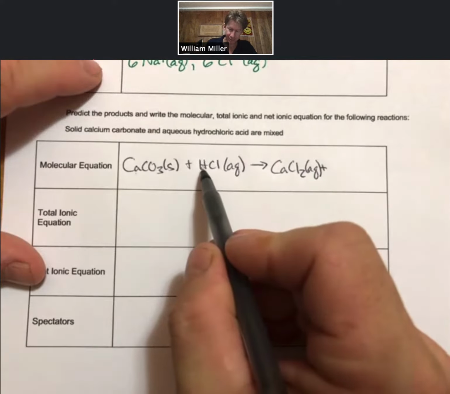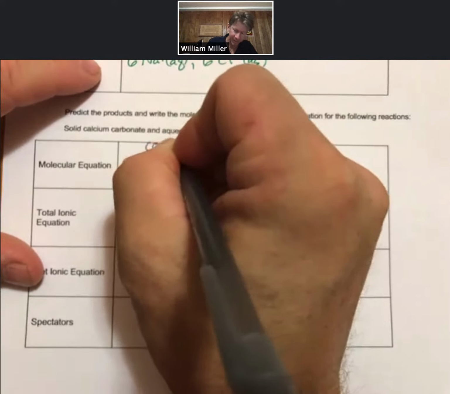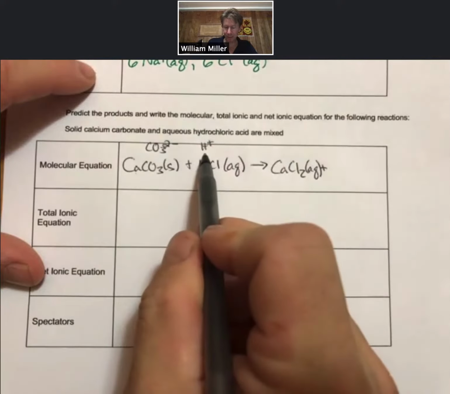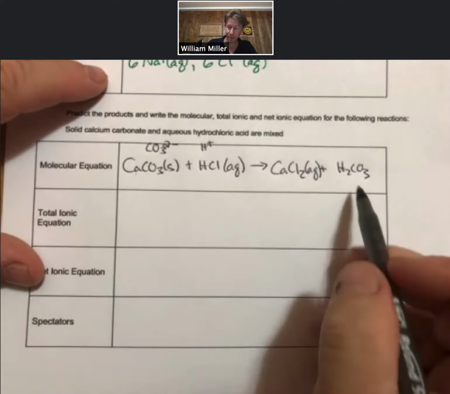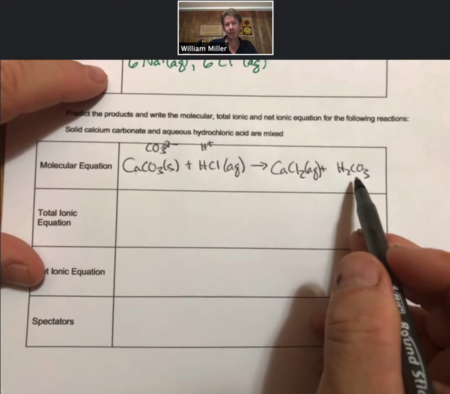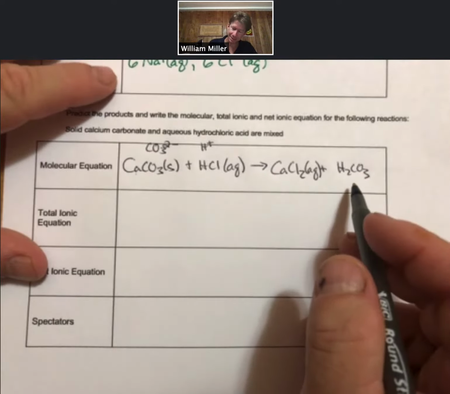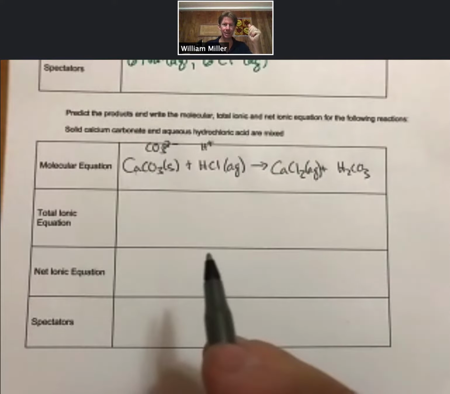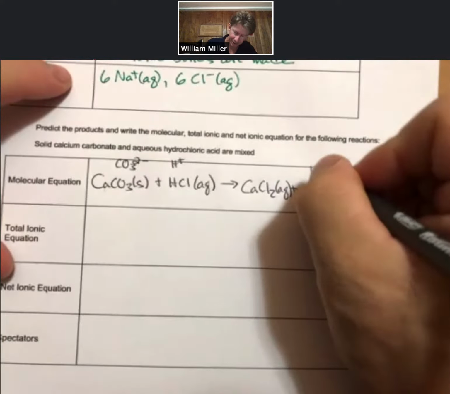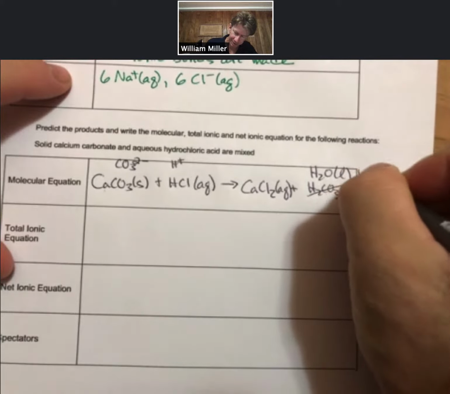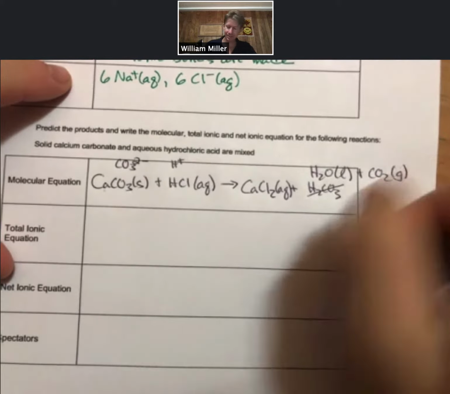Here then we have H+ and carbonate 2-, and it's important that we put them together for the compound so that the charges cancel. Our other product is going to be carbonic acid, and carbonic acid, when it is a product, is a gas-forming species, and so immediately we cross it out and write H2O liquid plus CO2 gas.